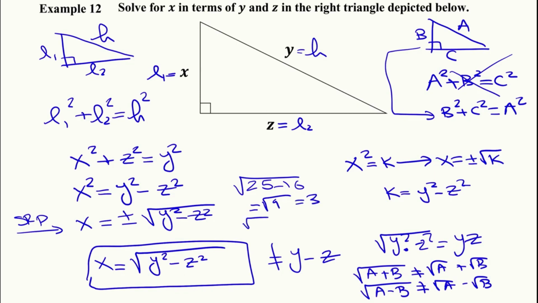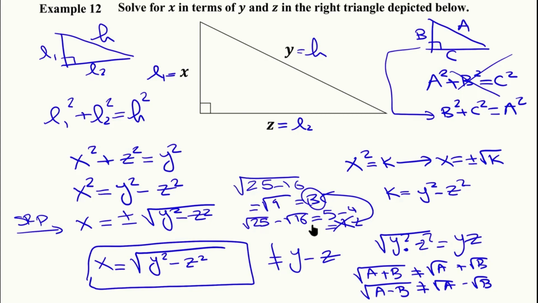But now look at the square root of 25 minus the square root of 16. The square root of 25 is 5. The square root of 16 is 4. So here you would get 1. And of course, see, they're different. And of course, this is correct and this is incorrect as far as this expression is concerned.